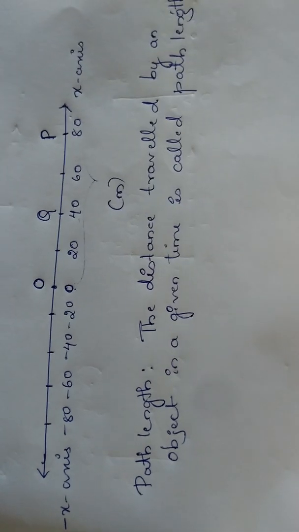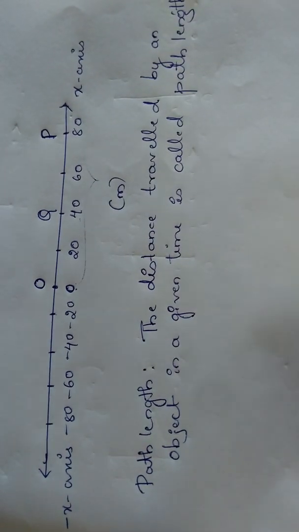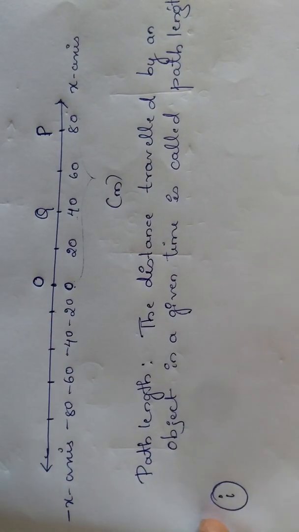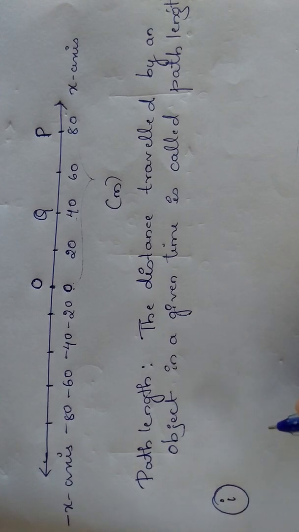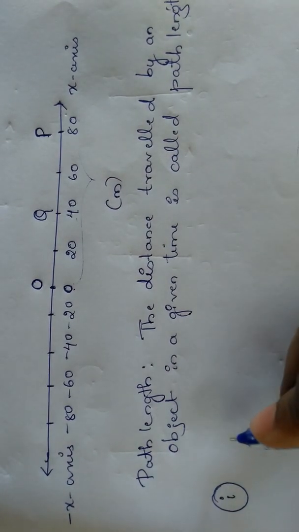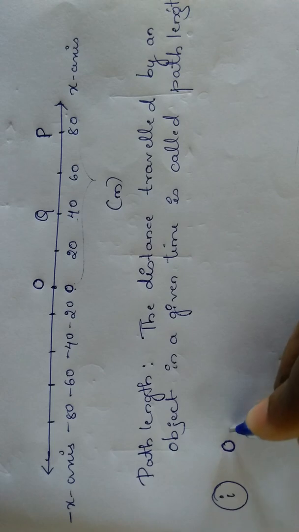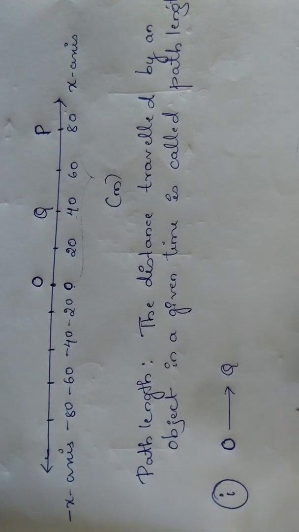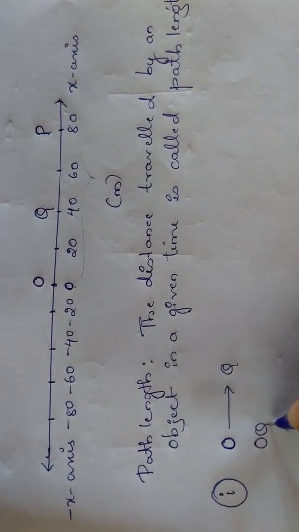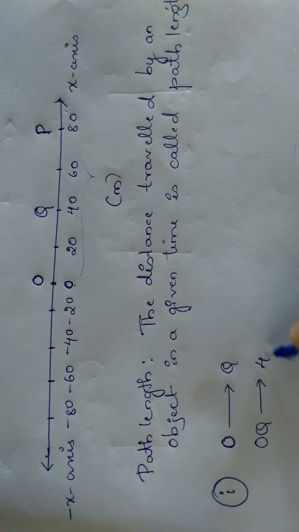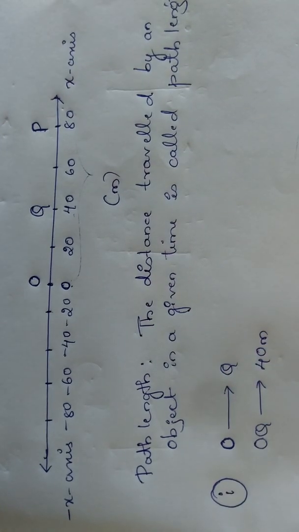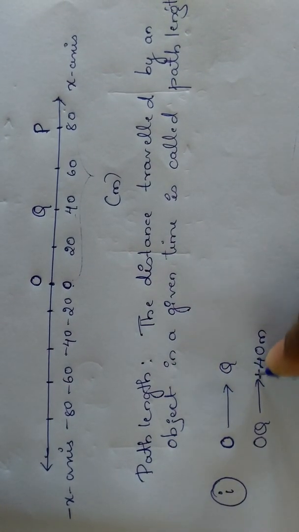Say in this, now let us consider two cases. In the first case, what is the distance covered by a body when it goes from position O to Q? So what is the distance OQ? It is 40 meters. It is plus 40 meters.